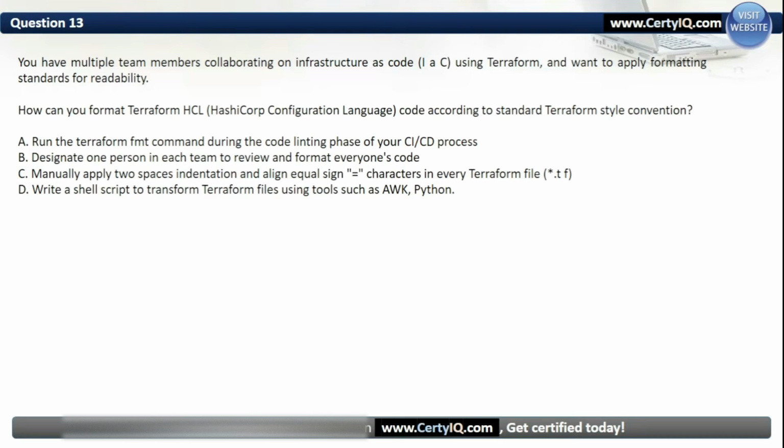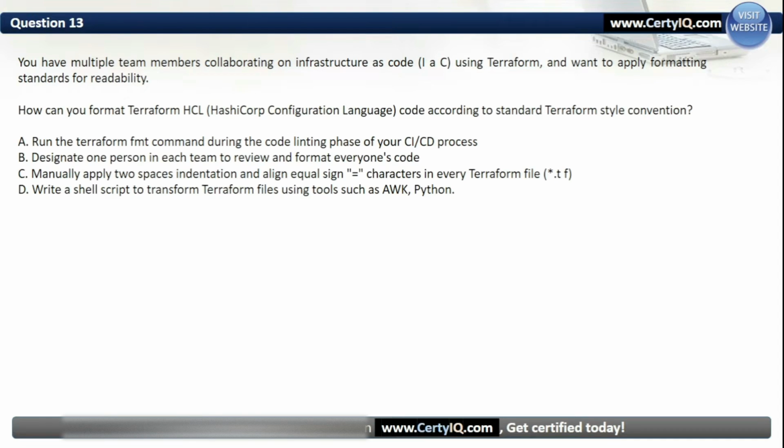Question 13. You have multiple team members collaborating on infrastructure as code using Terraform and want to apply formatting standards for readability. How can you format Terraform HCL code according to standard Terraform style convention? Our options are A. Run the terraform fmt command during the code linting phase of your CI/CD process.